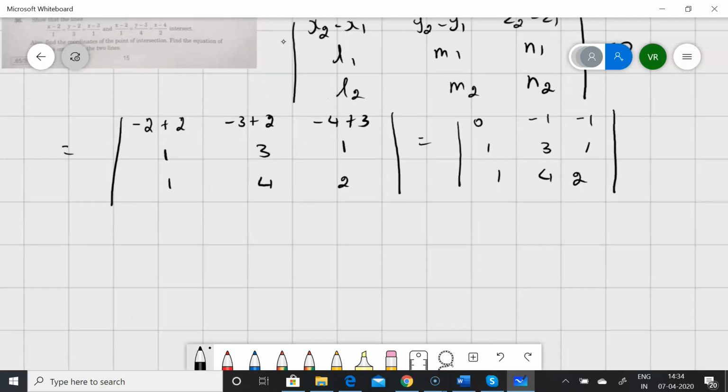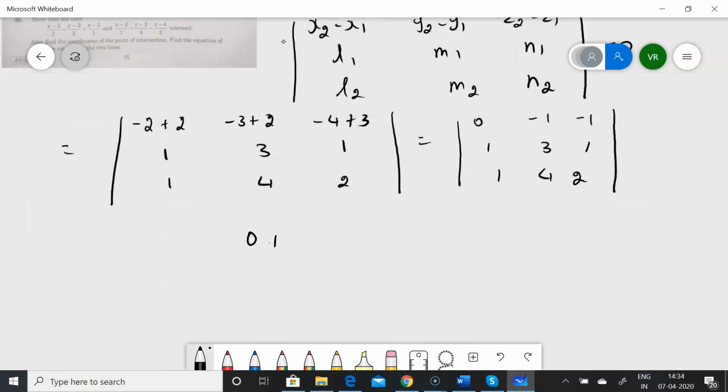Now on expanding, we can see that it is going to be 0 plus 1 into 2 minus 1, minus 1 into 4 minus 3, which implies 1 minus 1, which is equal to 0. Hence they intersect.